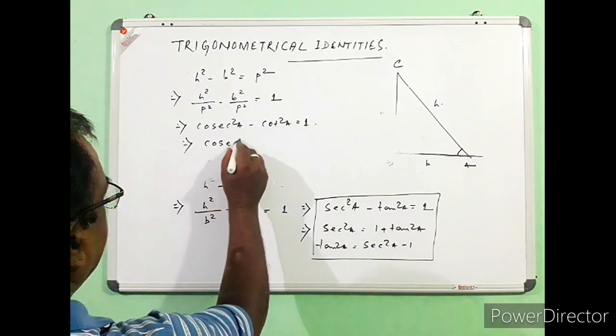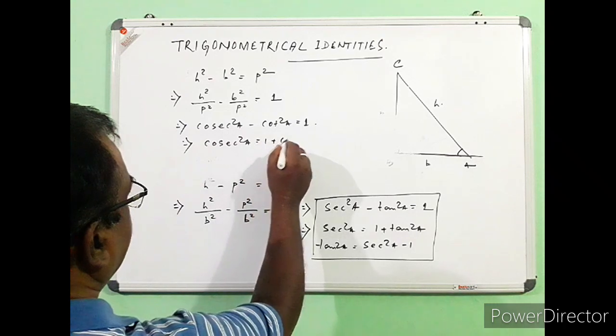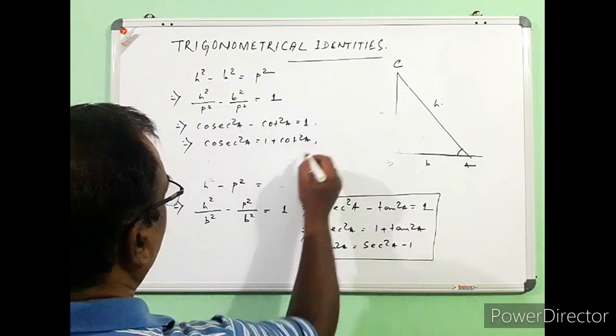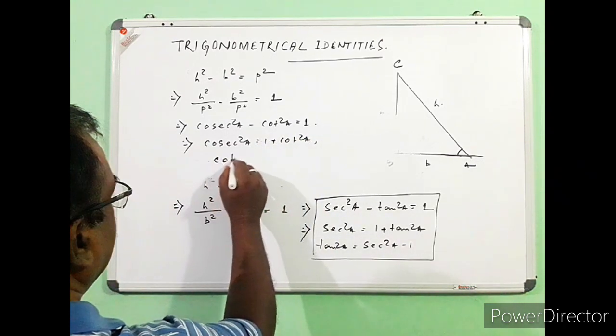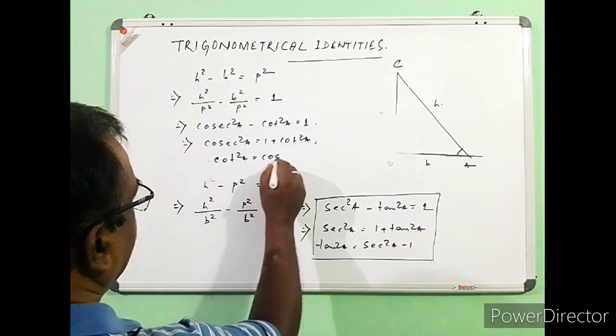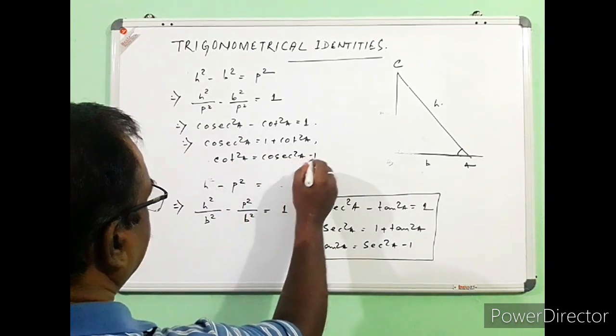So cosec square A is equal to 1 plus cot square A, or cot square A is equal to cosec square A minus 1.